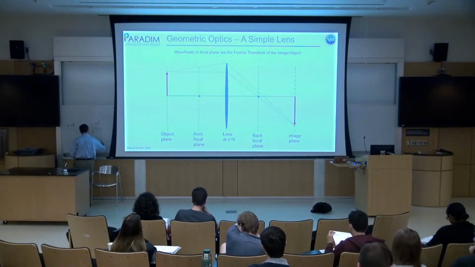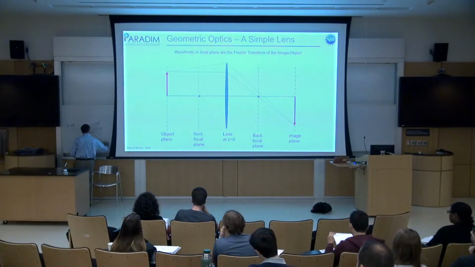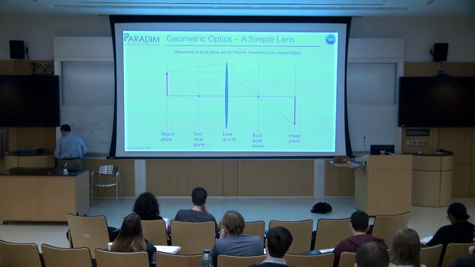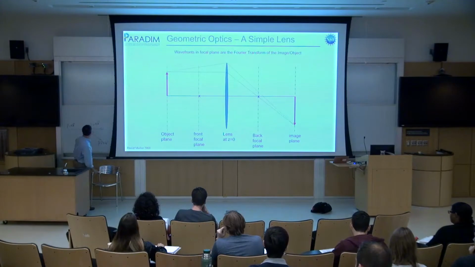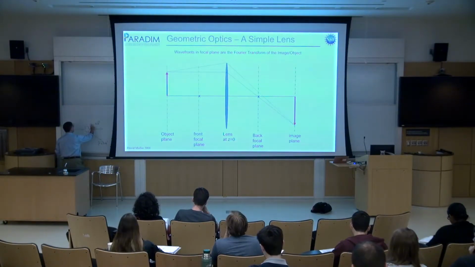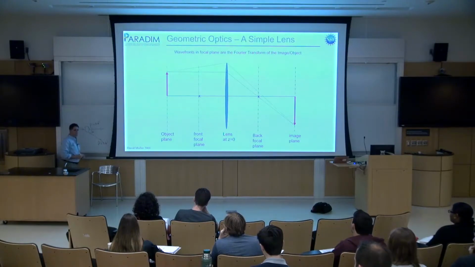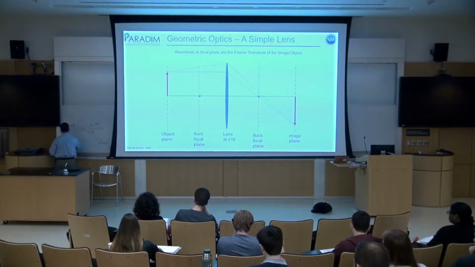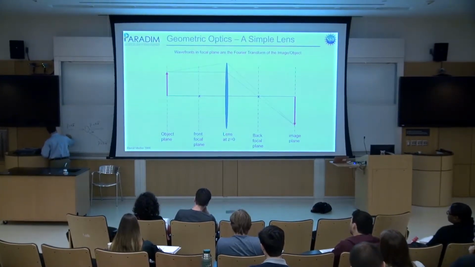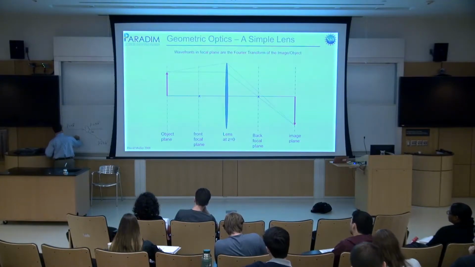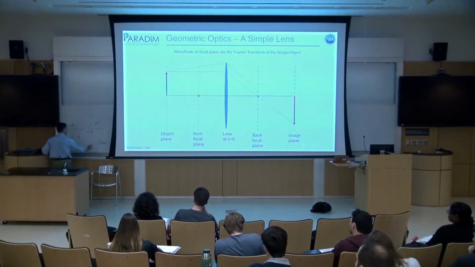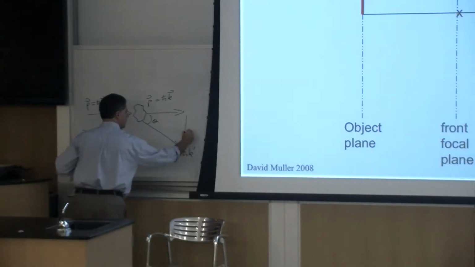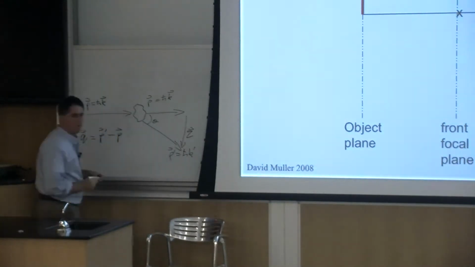Let's call this one P prime is h bar K prime, and this one is unscattered, so this is just P is h bar K. The momentum transfer, P before, P after, momentum transfer Q, is P prime minus P, back to Q over there.